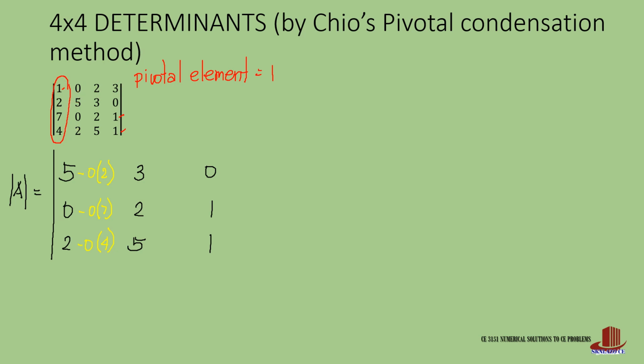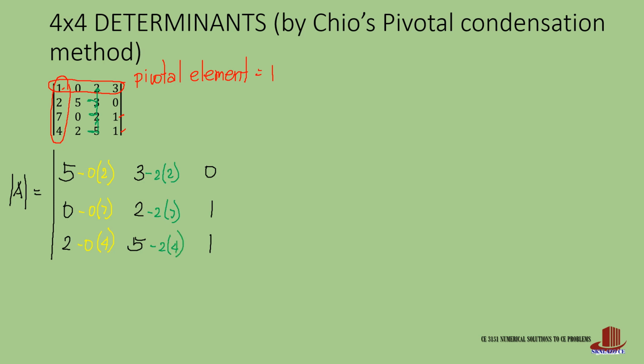The next thing for us to consider would be for the next column. So this would have 2 and 2. So minus 2 times 2. Next would be 2 times 7, minus 2 times 7, and 2 times 4, minus 2 times 4.